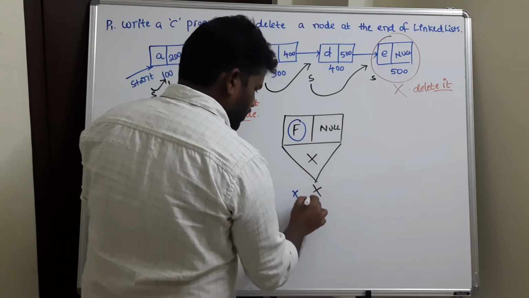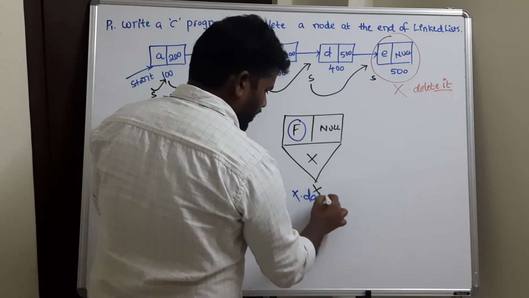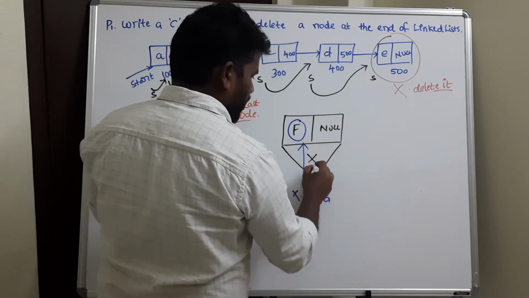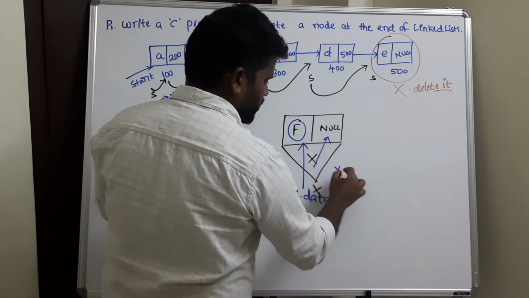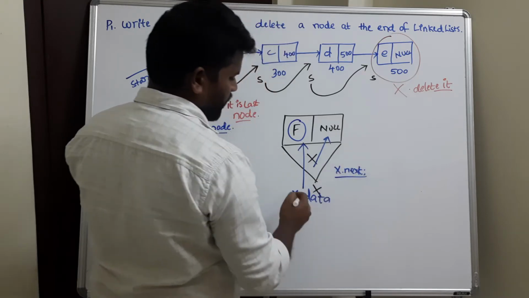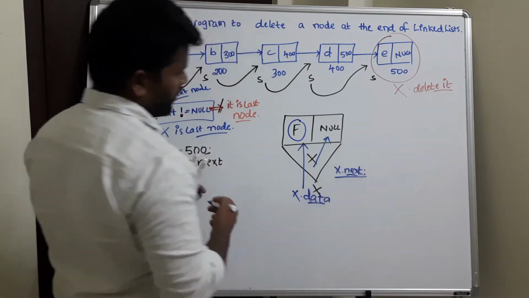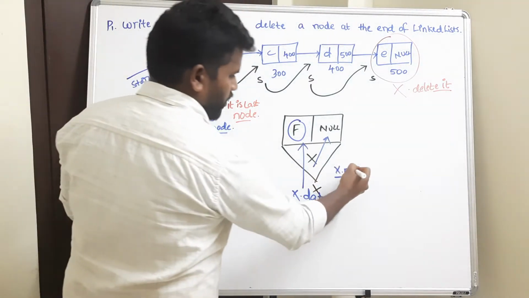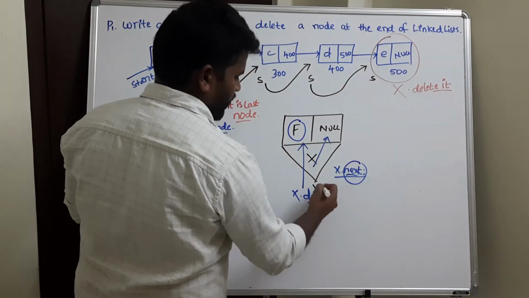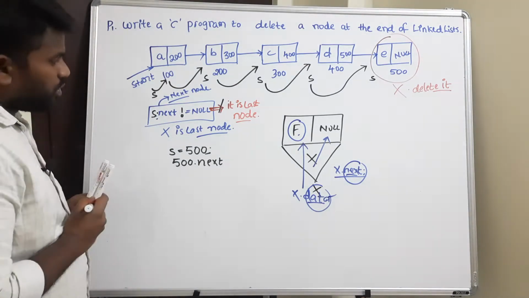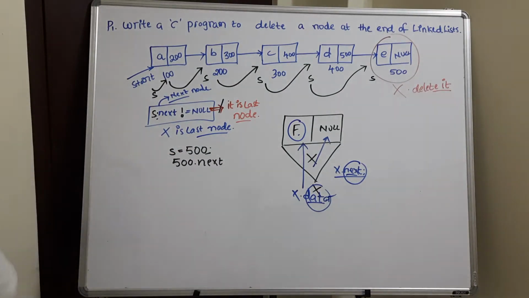X dot data, whatever you define, will give this particular data. How can you get the next part? That is X dot next. We saw in the previous concept that for the next pointer we use next, and for data we use data.